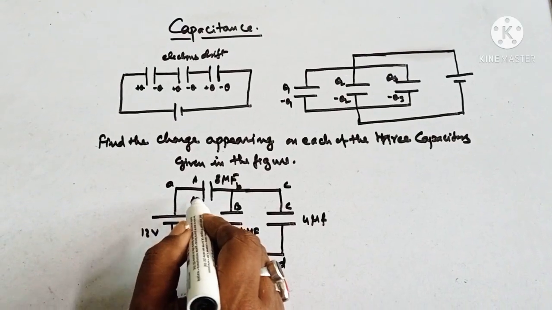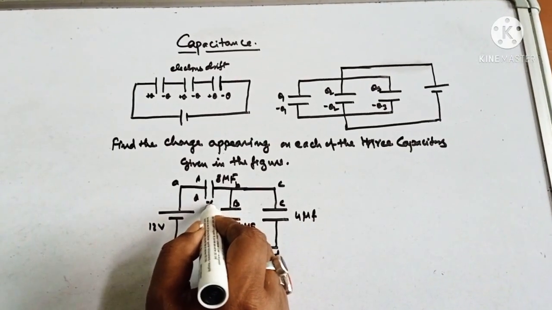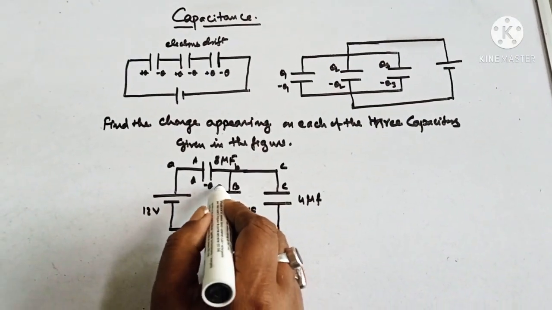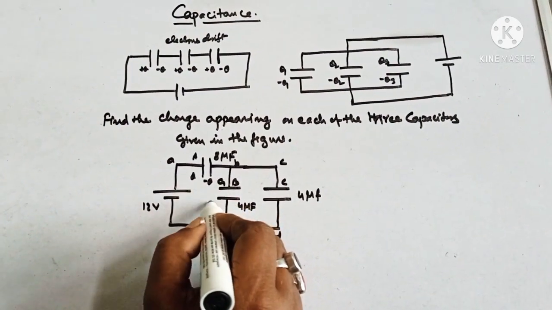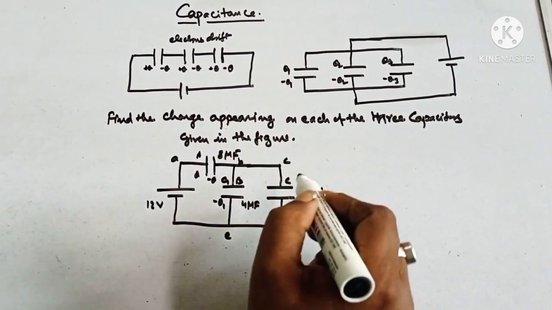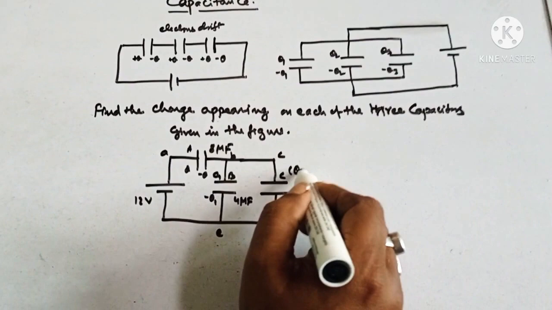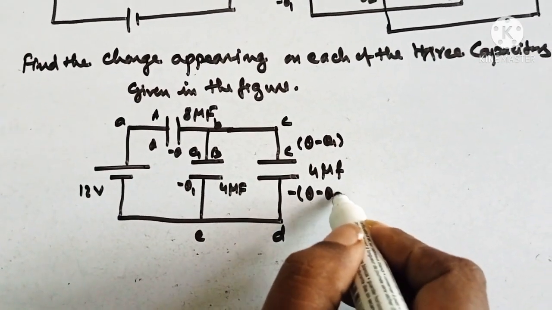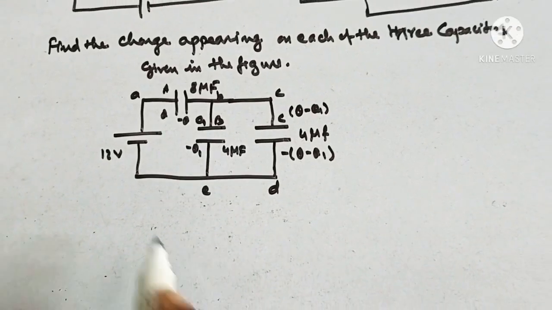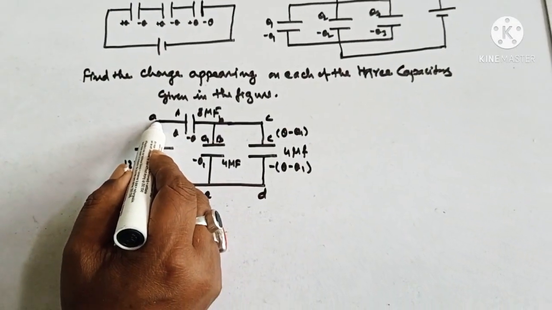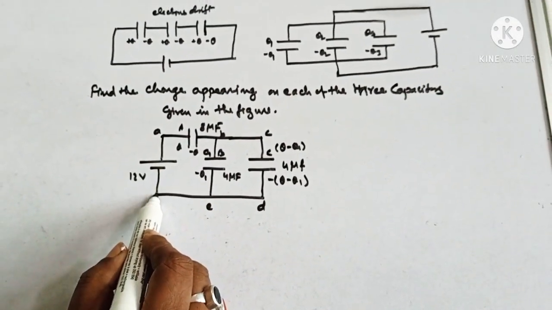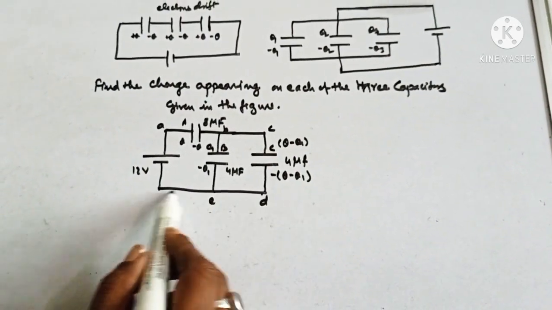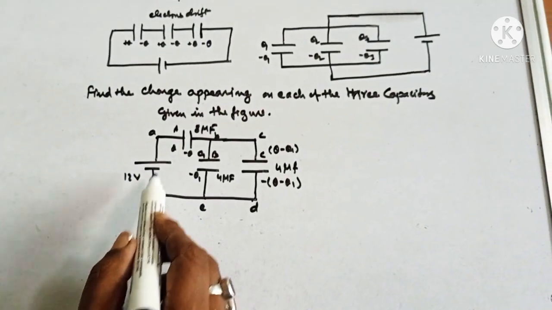Let Q charge be developed here, so this will be minus Q, and now Q1 charge here and minus Q1, and this will be Q minus Q1 and minus Q minus Q1 here. So this potential is 12 volt, but this potential is 0. So all these potentials are 0 potentials.